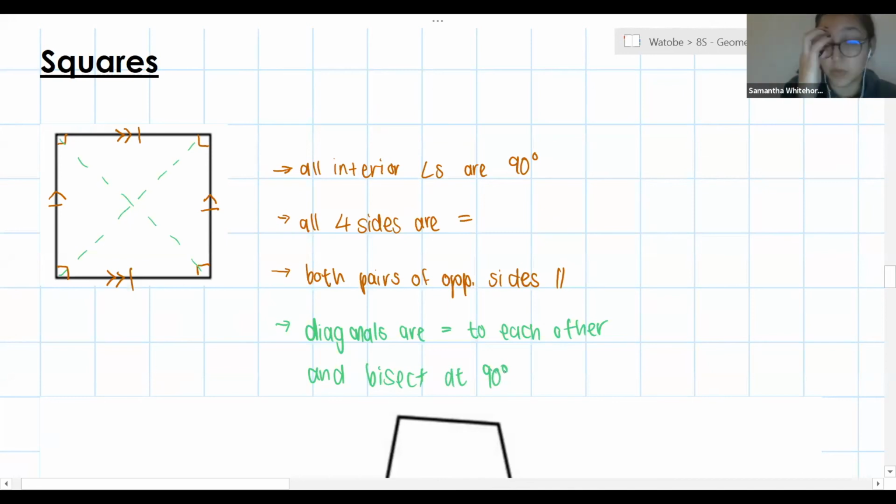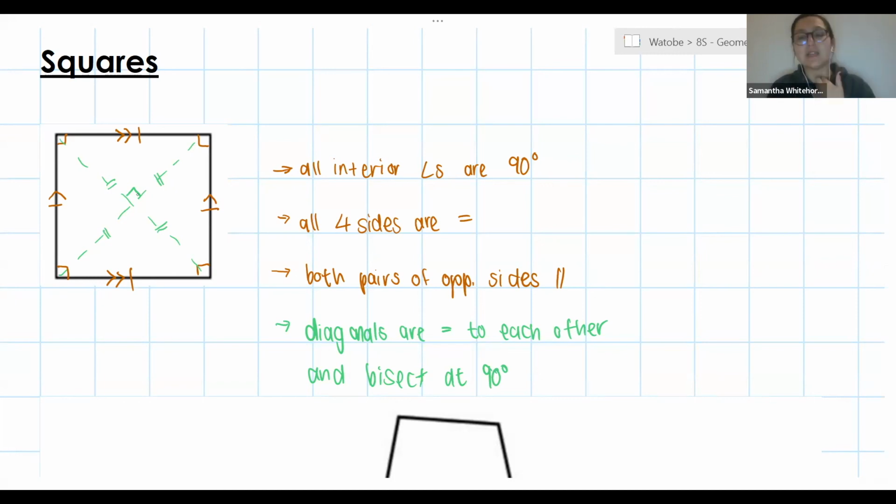Okay, so I'm seeing some of that on the chat, which is awesome. So because the diagonals are equal, when I cut them in half, all of the halves will be exactly the same. So all of these halves of my diagonals will be exactly the same because they are equal in length. We've also just said that they cut each other at a 90-degree angle. The fact that the diagonals are equal is similar to a rectangle.